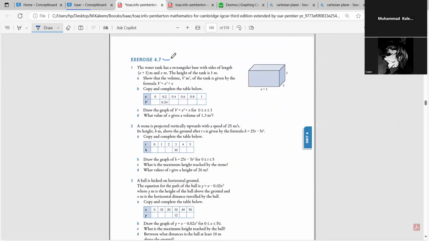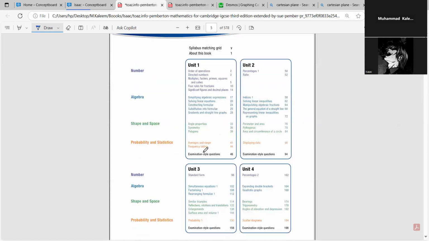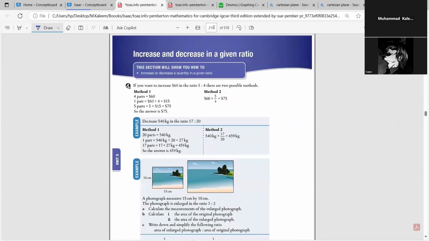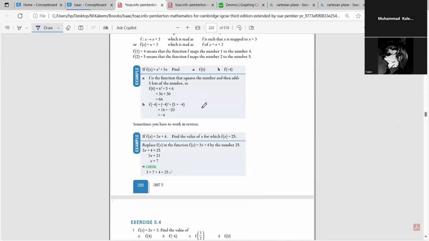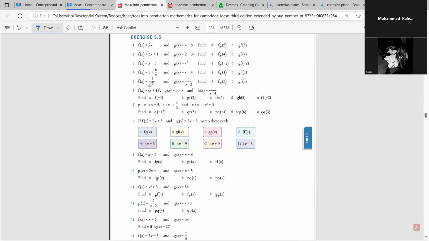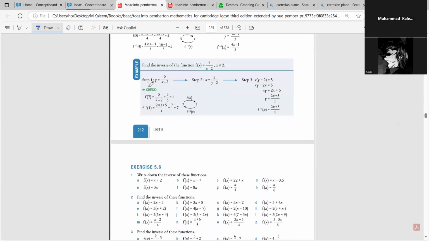I think this one is related to this one. Tomorrow you have a test, so let's touch the cubic graph as well. Cubic graphs. Last time I told you about the cubic equation. Which equation is known as a cubic equation?